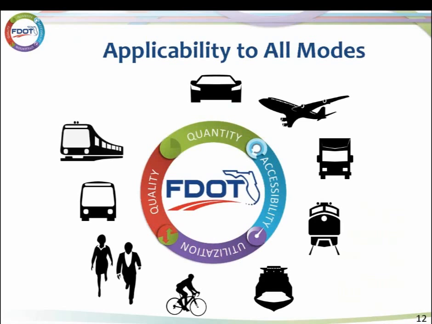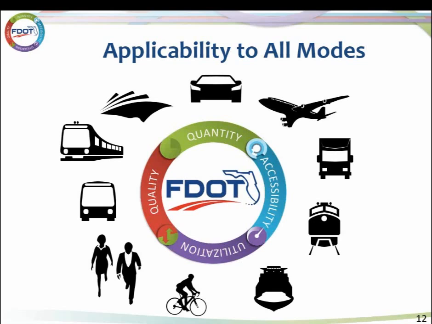When you think about these 4 dimensions, they're applicable to all modes. Traditionally we think of the auto mode, but I'm just looking at the pedestrians down there on the lower left. How many pedestrians are walking along the sidewalk? Is the sidewalk wide enough, far enough away from the roadway? What's the quality? Do they have an opportunity to walk on the sidewalk, the accessibility, and is there enough room on the sidewalk?